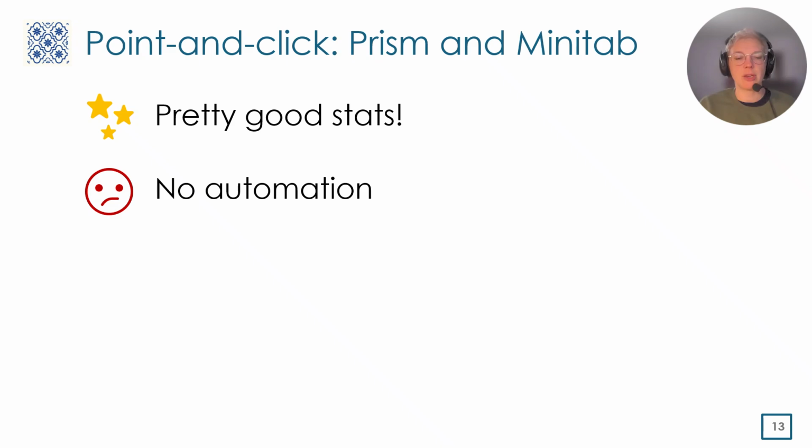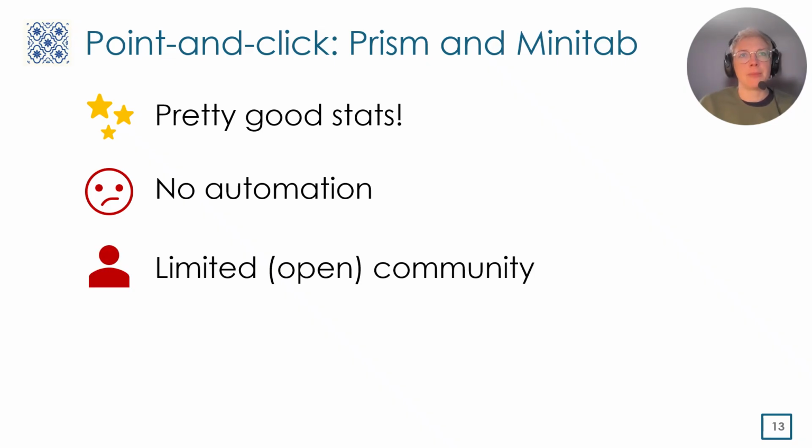You buy the software, you have your little research project, you analyze the data, you put out the graphs for the paper, and then you move on. So there's not this framework of analyzing data over and over and producing the same report over and over. So, no or little automation.